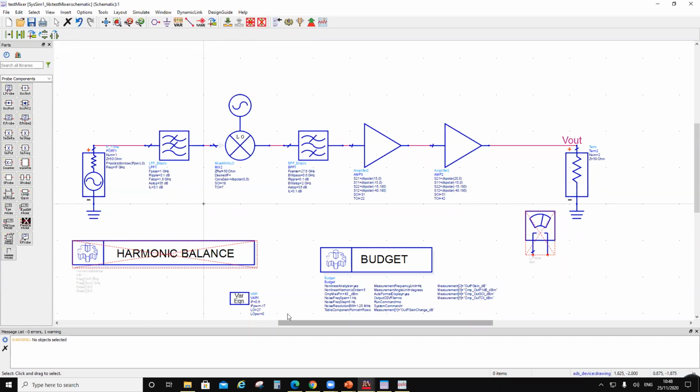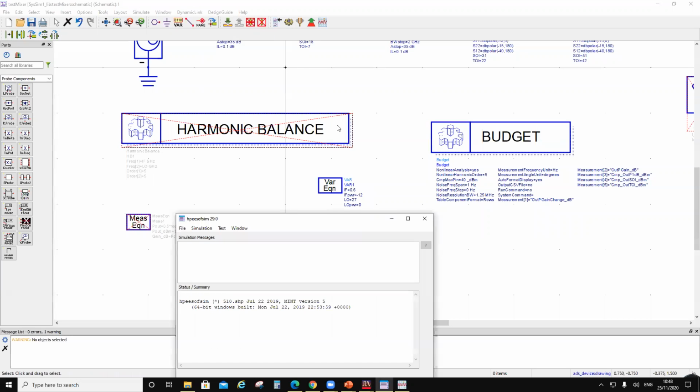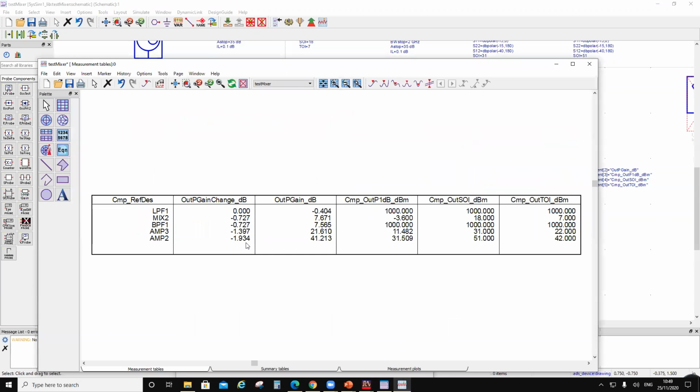So now, if I boost the power up again, minus 12. Okay, 1.9 dB compressed. Again, the mixer is 0.7 dB compressed.